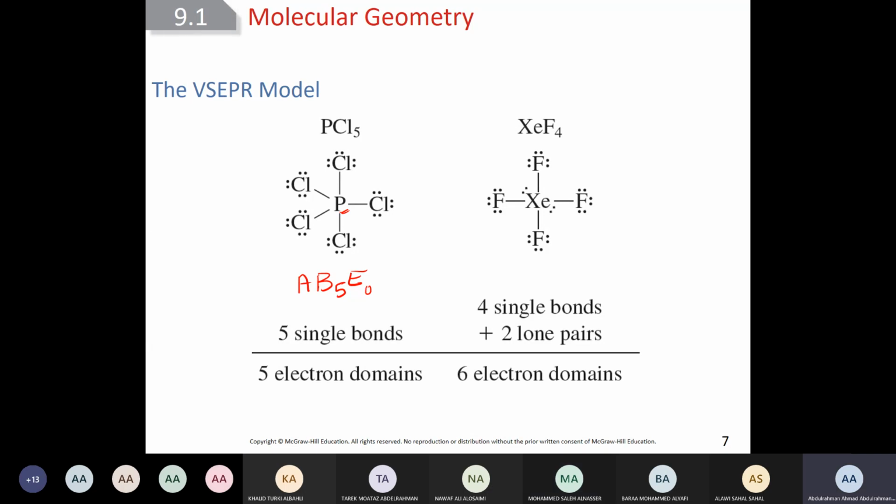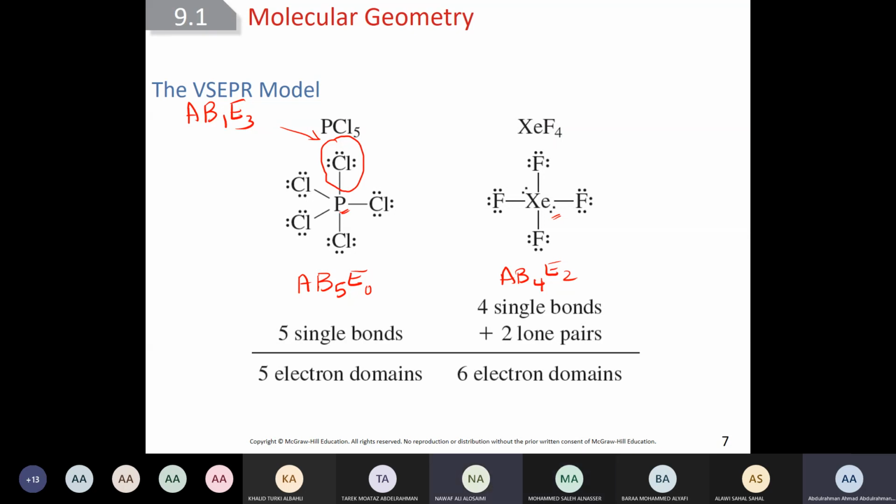How about the xenon? AB4, E2. Fantastic. How about this chlorine? AB1, E3. Fantastic. Is this clear?